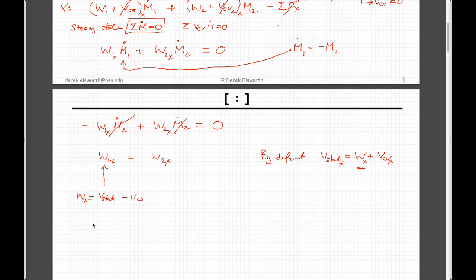So we can write this expression as V1 static minus velocity of the control surface is equal to, so this one is this term here, V2 static minus velocity of the control surface. Just by using this. We can cross out each of these because they exist on both sides. This is the velocity in the x direction.